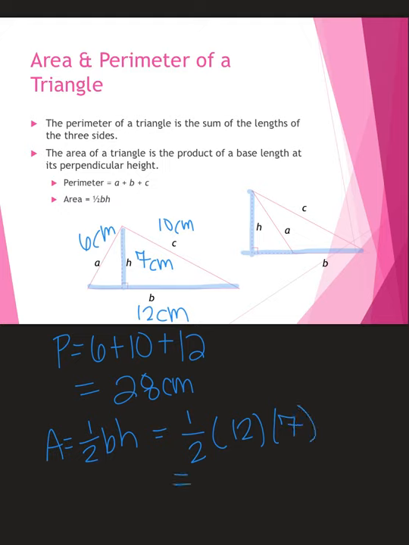Okay, and you can put this in your calculator. So if you do 1/2, you'll use that ABC key, 1 ABC 2 times 12 times 7, and you should get 42. Here you have to remember we're talking about area, so this is square centimeters.